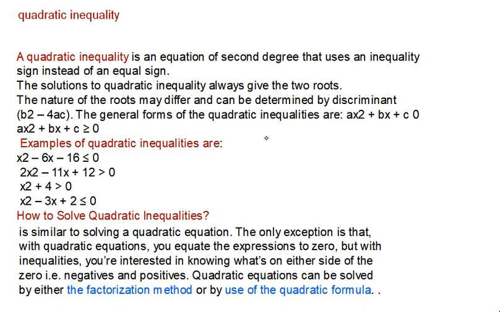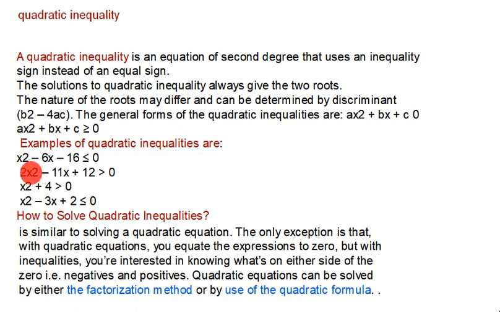For example, x squared minus 6x minus 16 is less than 0, 2x squared minus 11x plus 12 is greater than 0, or x squared plus 4 greater than 0. This is a full square where b is 0. And x squared minus 3x plus 2 less than or equal to 0. As we can see, all of these quadratic inequalities are in the standard form.